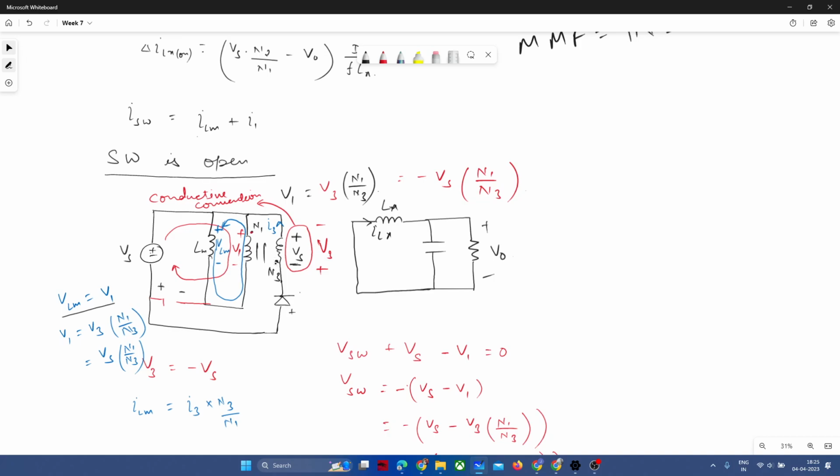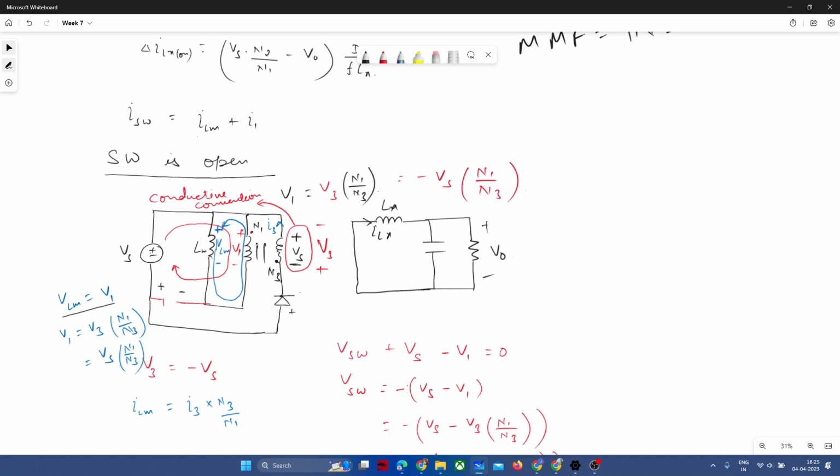So you will see that your diode is getting forward biased, and whatever energy was stored in this LM will flow through the V1 and will be induced to your tertiary winding. So I3 will be equal to ILM into N3 by N1. We are not writing I3 is equal to minus ILM.